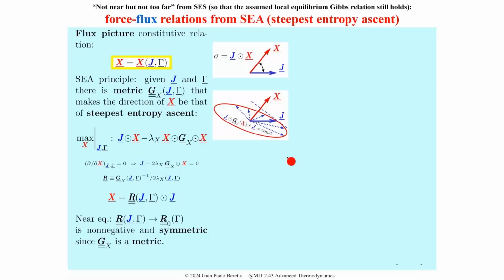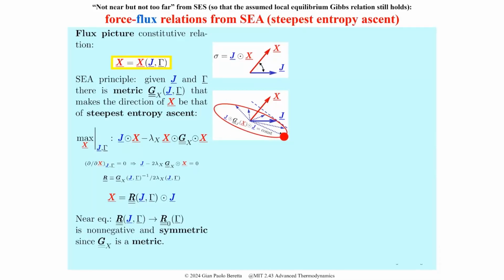Here, this is to show that the same construction can also be done more formally and mathematically, again with the method of Lagrange multipliers. You see, you maximize the scalar product between the x and the j, subject, so that's the Lagrange multiplier, to the constraint given by an equal effort ellipsoid.